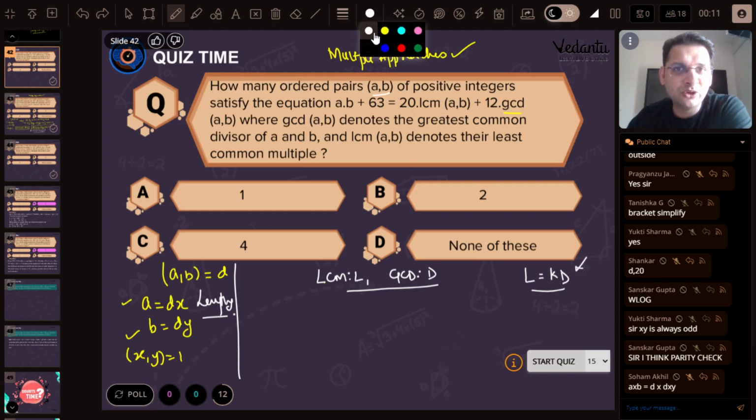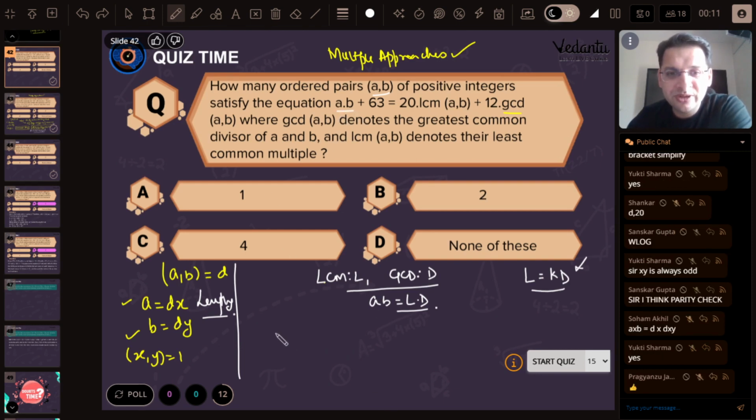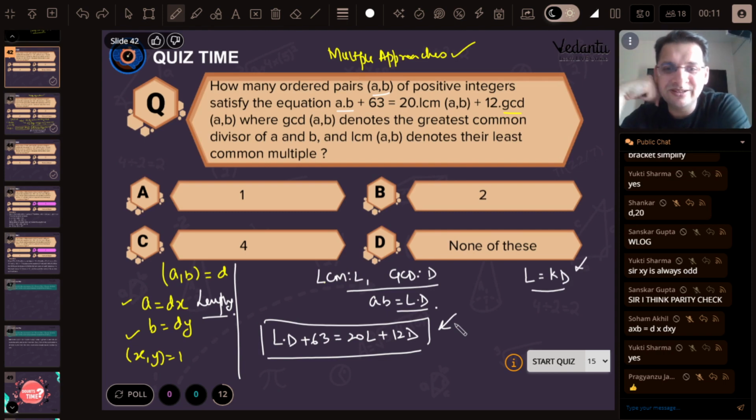Also, for two numbers, A into B is always L into D. So, can I say L into D plus 63 is 20L plus 12D? Is this not simple or better?